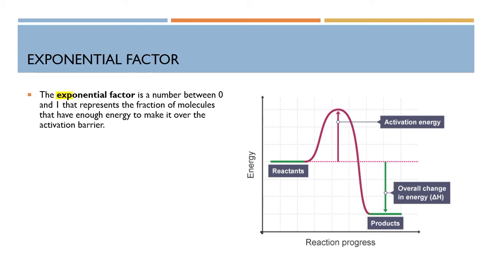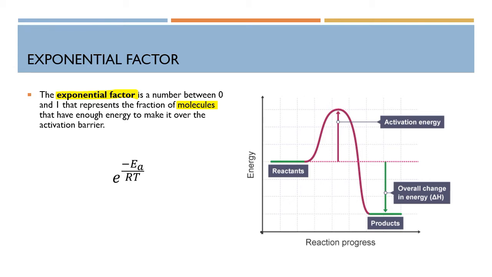The exponential factor is the number of times it gets to the top of the hill. It's a number between 0 and 1, and it represents the fraction of molecules that have enough energy to make it over the activation barrier. If the exponential factor is 1, that means every single molecule that attempts a reaction actually does react, and it's never really going to be 100% of the time.